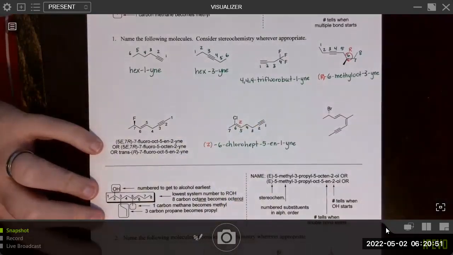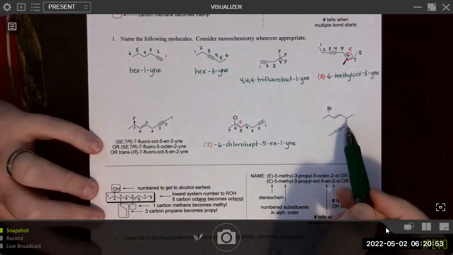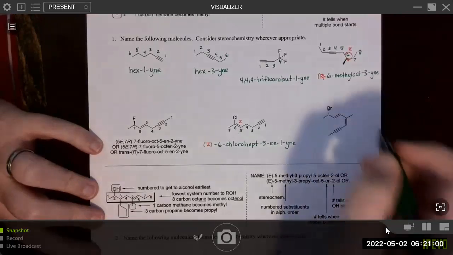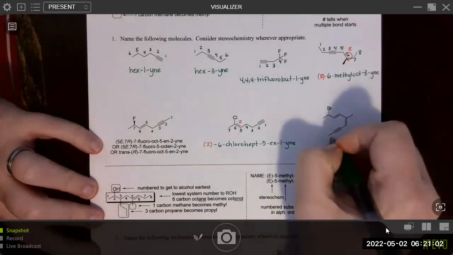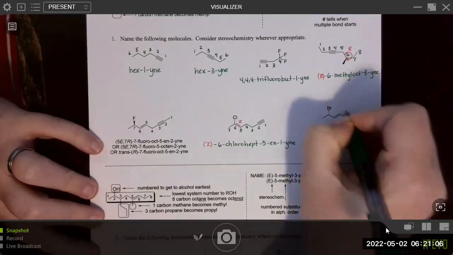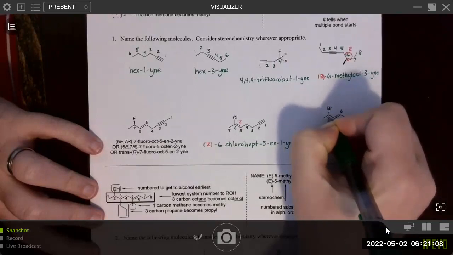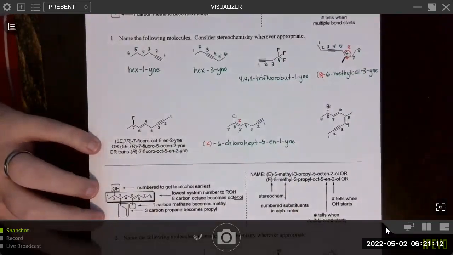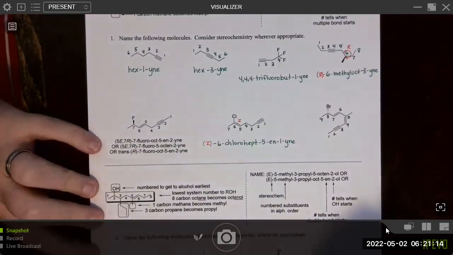All right, coming over here, now we have a diene and a yne. And we want, again, the lowest number possible for the alkyne carbons, because that group has priority. So 1, 2, 3, 4, 5, 6, 7, 8, 9. In terms of stereochemistry, we have 2 alkenes that have stereochemistry.